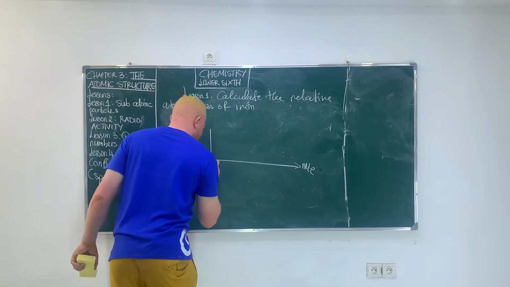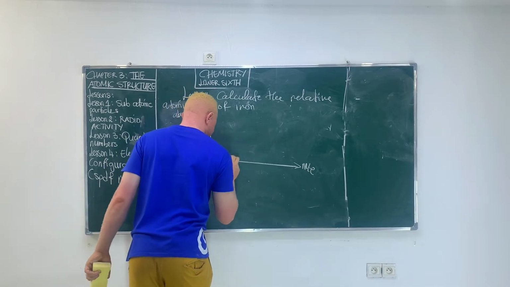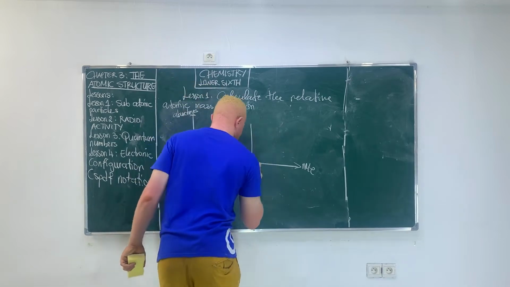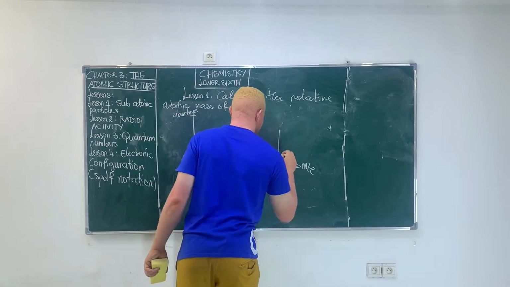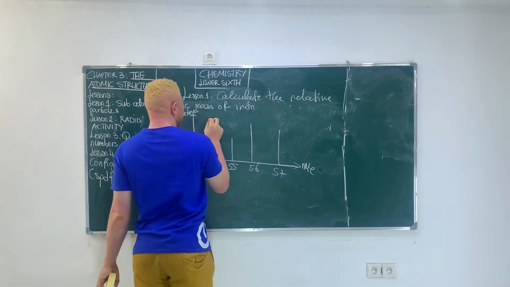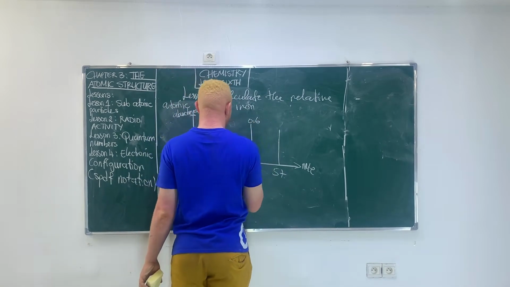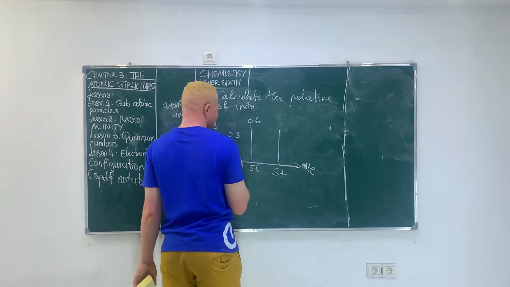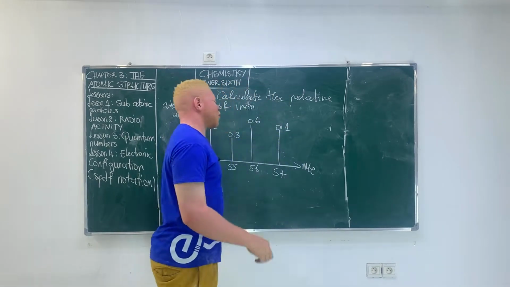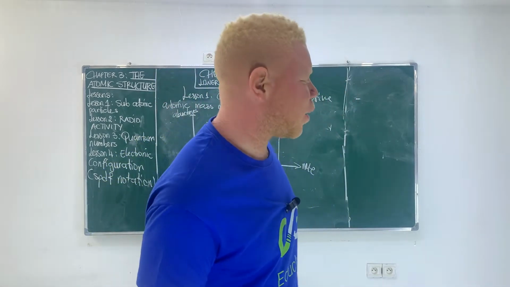Here we have iron 50, 54, 55, 56, 57, with abundances 0.1, 0.6, 0.3, 0.1. We have been asked to calculate the relative atomic mass of iron.